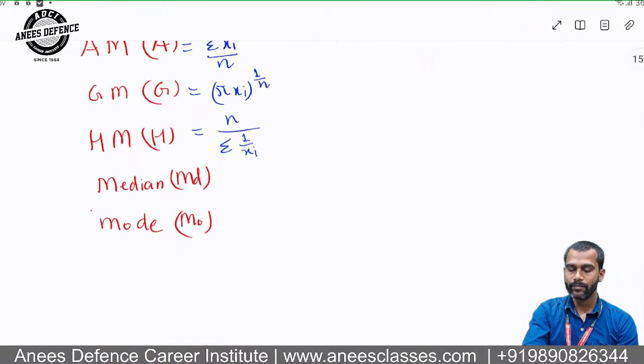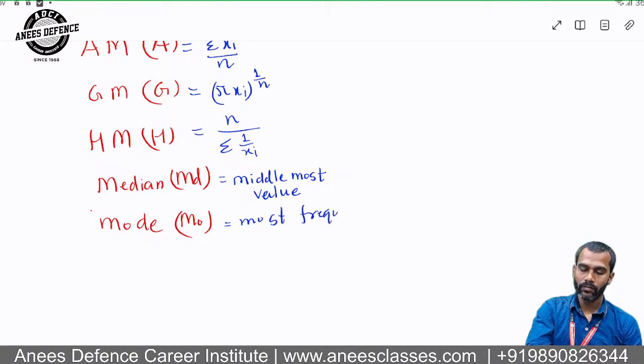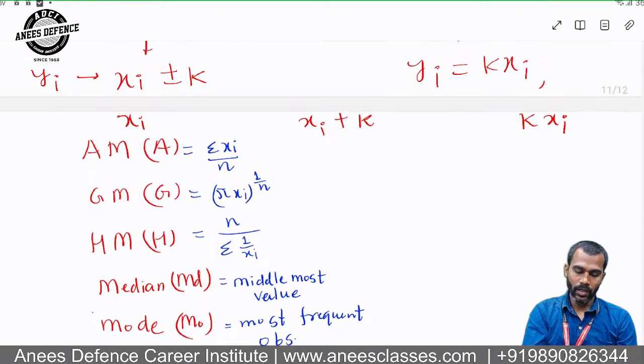What is median? Middlemost value. And what is mode? Most frequent observation. Done?